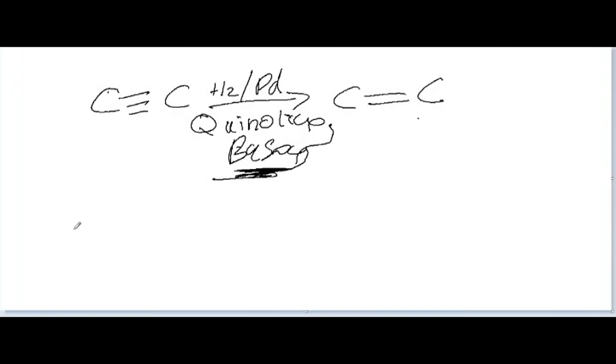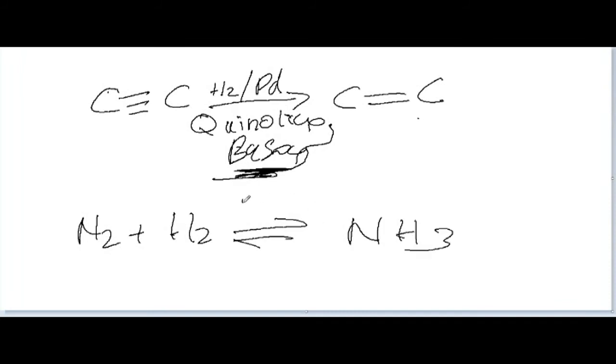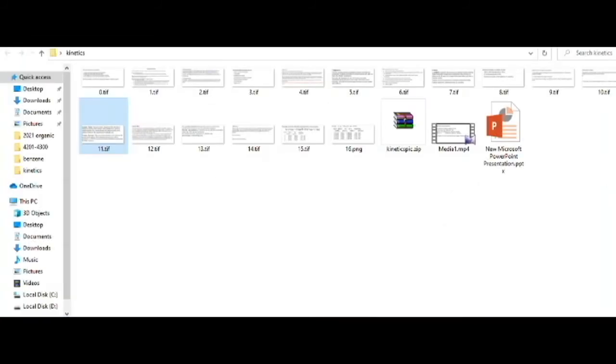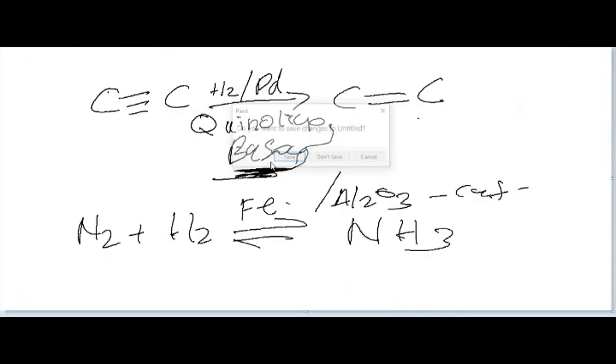Catalytic promoter: in the Haber process, nitrogen and hydrogen form ammonia, and iron is used as the catalyst. But as a catalytic promoter we can use Al2O3. This is the catalytic promoter. Just make a note of it as an additional point. There are other points we want to discuss, so let's go to the next one.